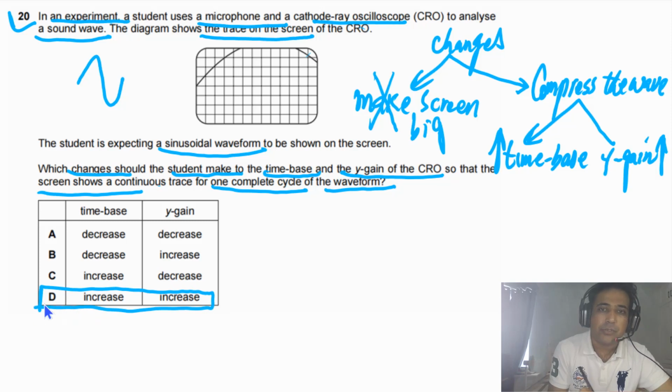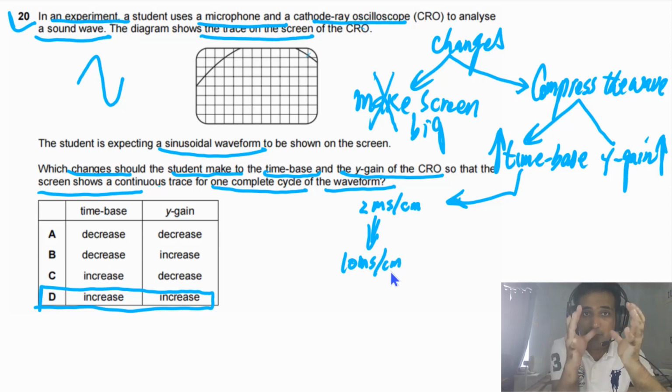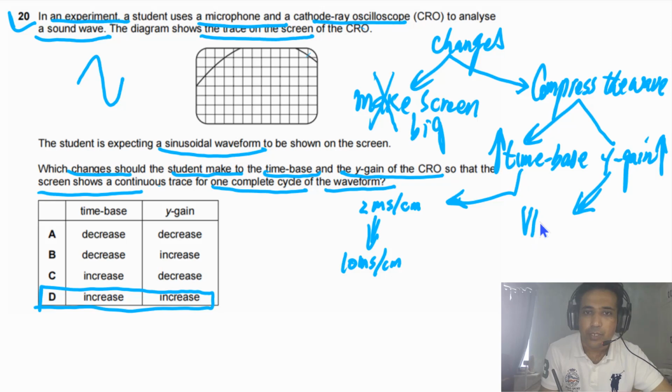So when we increase the time base, it simply means that, let's say we have 2 millisecond per centimeter, as it is mostly given per centimeter. Now if we increase this to 10 millisecond per centimeter, it simply means that we have compressed the wave so we can see the full wave. The same is true for the Y gain, meaning the voltage on the Y axis.